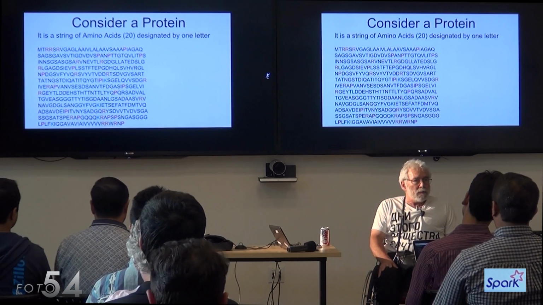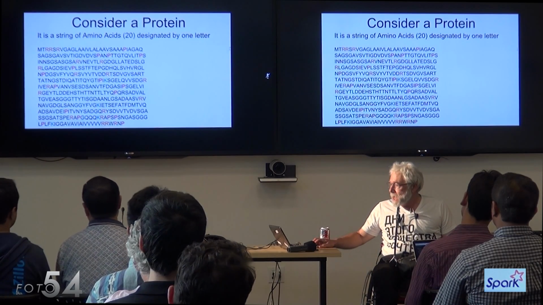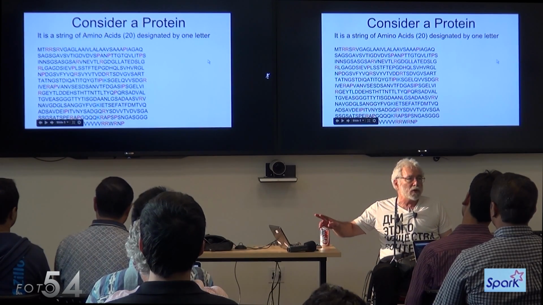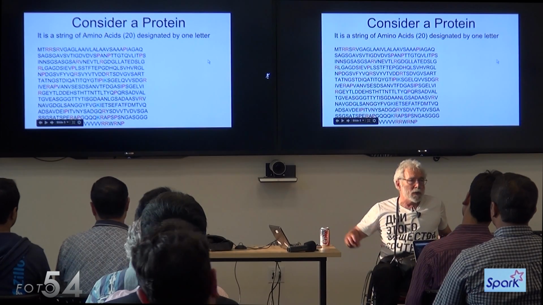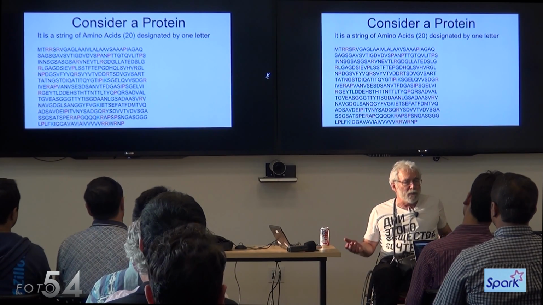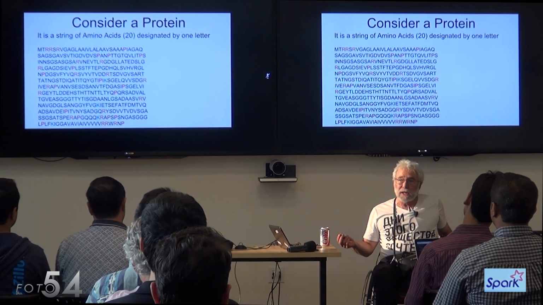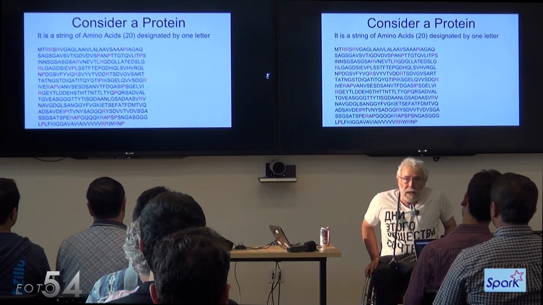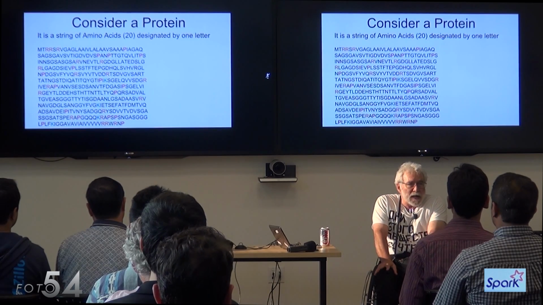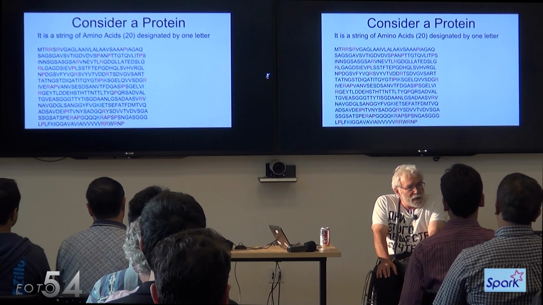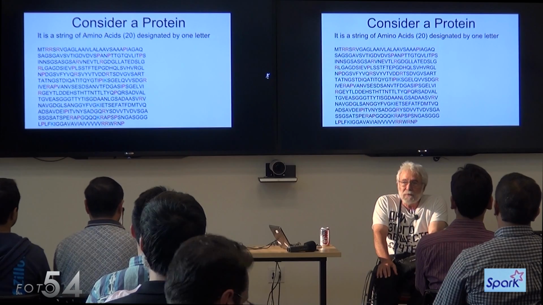There are 20 amino acids in the body, and so you can represent the structure of a protein as a string with a 20-letter alphabet representing the 20 amino acids in that protein. Because we can read the DNA, we have a pretty good idea of what proteins we're likely to find in the body.